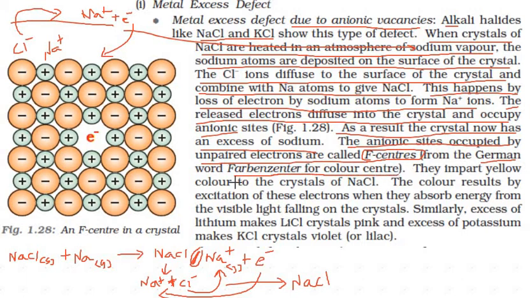So this Farben center, or F center in short, actually imparts the color. They are responsible for the color. They impart yellow color to the crystal of NaCl when it is heated in sodium vapor.